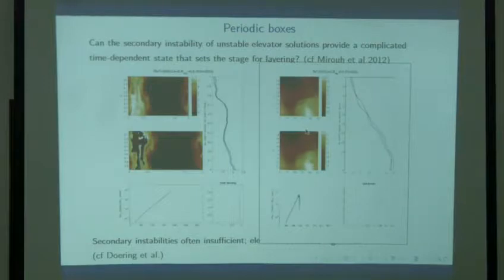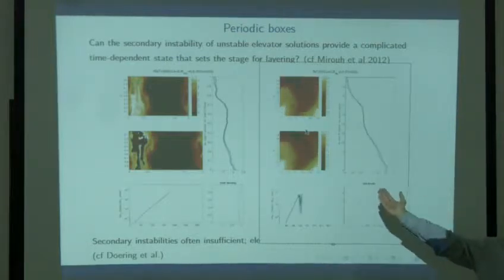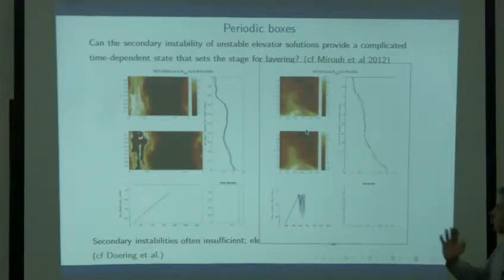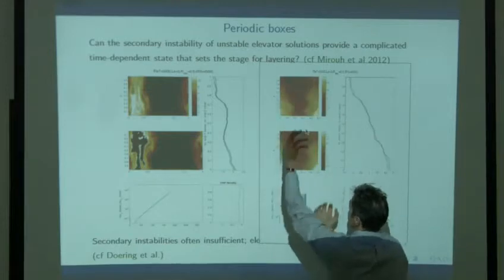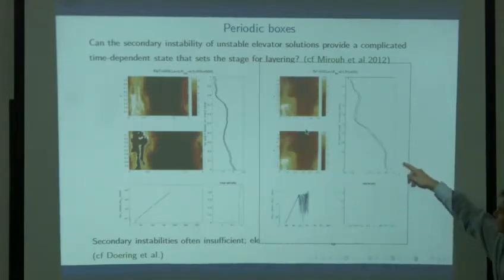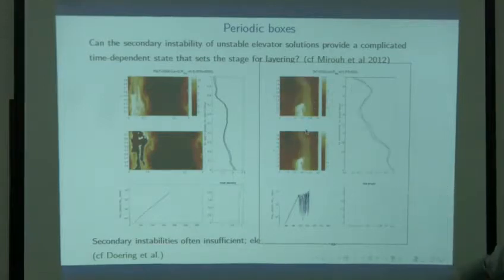However, what then emerges is something that just looks like it's elevating still. It's a complicated time-dependent state, but it's largely elevating. And you've got these structures that are still largely going up and down. And if you look at the horizontally averaged fields, there's no sign of any kind of layers.